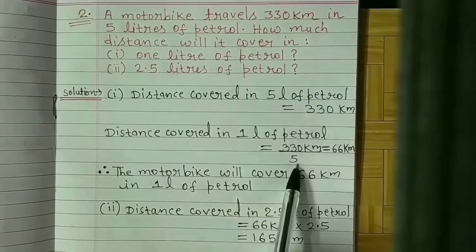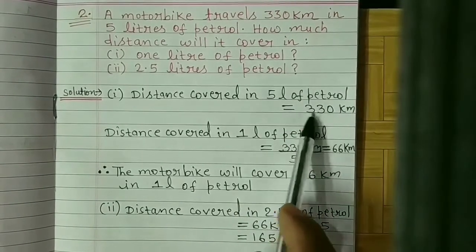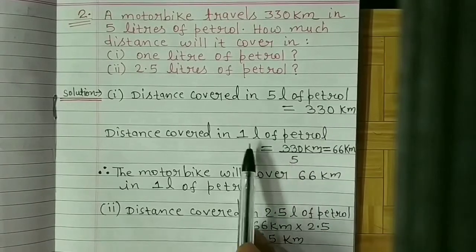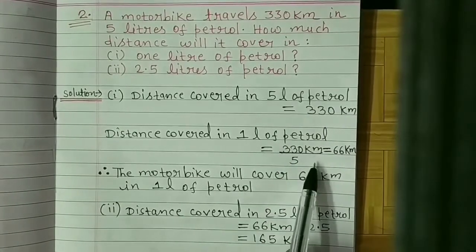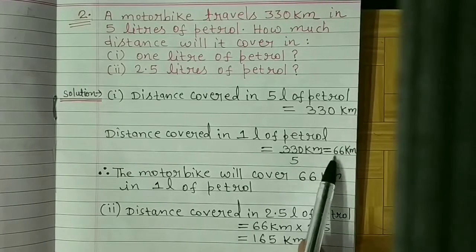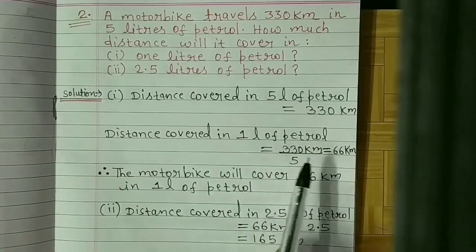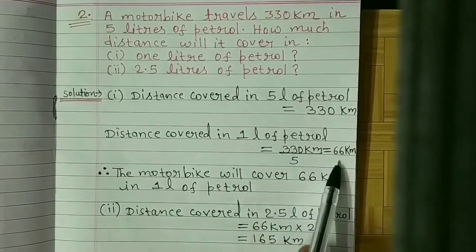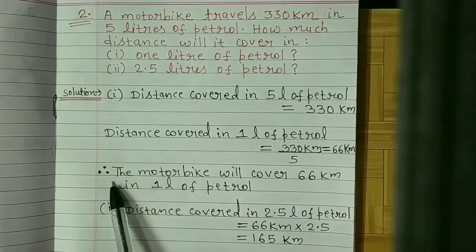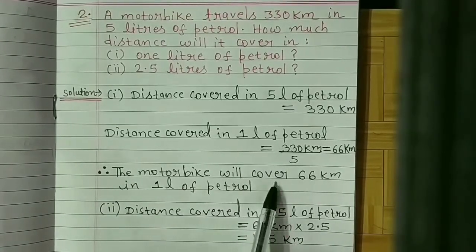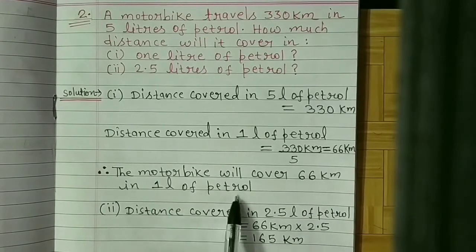We are going to divide these 2 numbers, because for a single quantity we divide. So the result will be 66. Distance covered in 1 liter of petrol equal to 66 kilometers. Therefore, the motorbike will cover 66 kilometers in 1 liter of petrol.